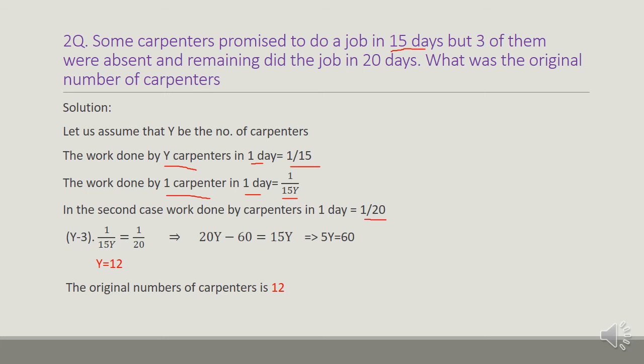Here y minus 3, the number of carpenters in the second case, into 1 by 15y, the work done by one carpenter in 1 day, is equal to 1 by 20, the work done by them in 1 day. By solving this equation, we will get the value of y. y is equal to 12. Then the original number of carpenters is 12.